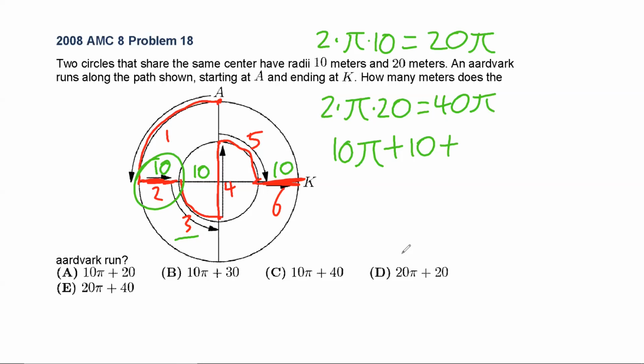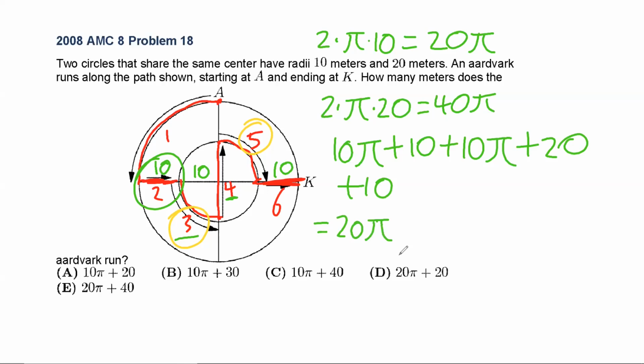And notice that stage 3 and stage 5 are actually the same distance, so we can just double that to become 10 pi. And then we're left with stage 4 in the middle here, and that's just the diameter of the smaller circle, which is 20. And finally, stage 6 here, which we've already calculated, is 10. So that should give you 20 pi plus 40, which is E.